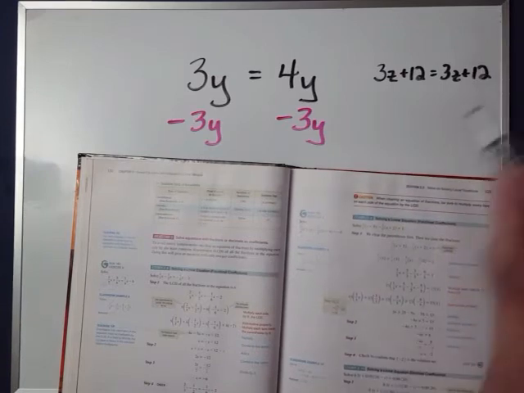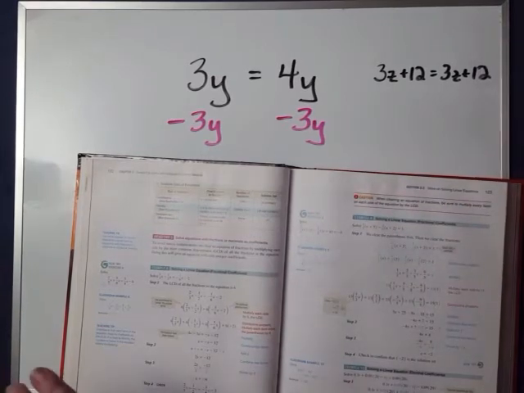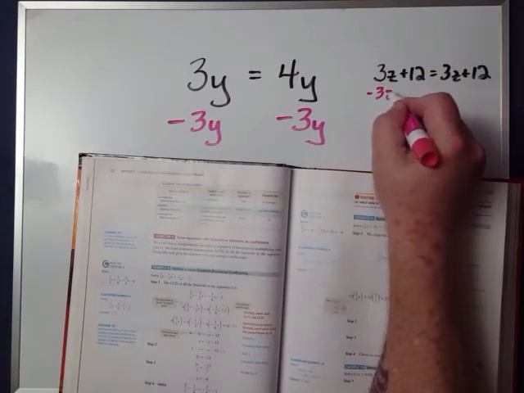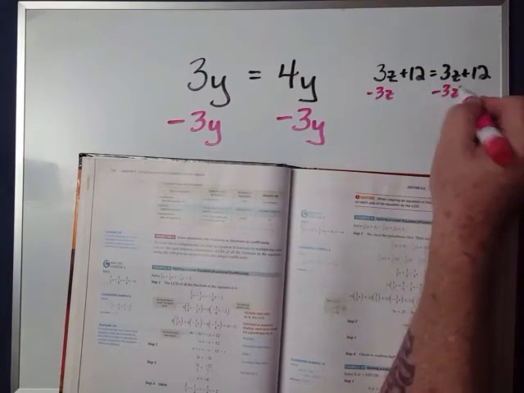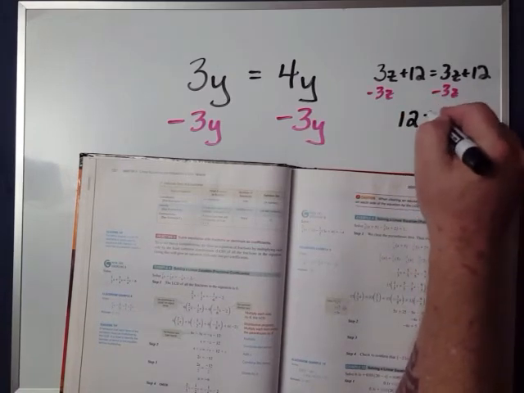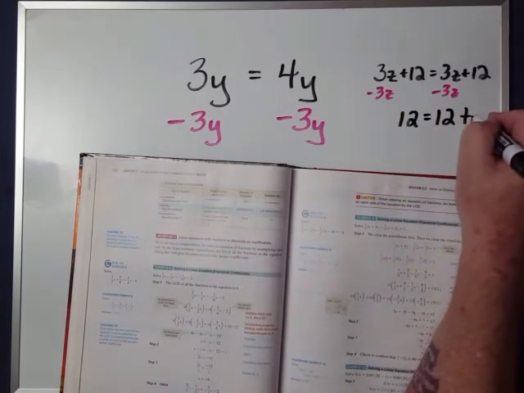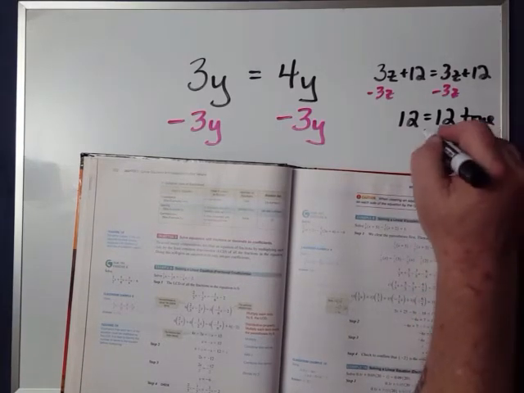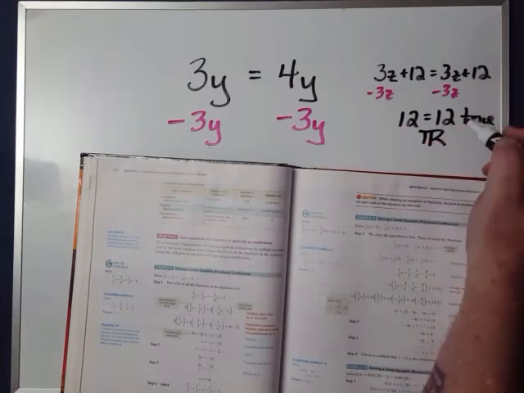If it makes you feel better, then just always eliminate the variable before you say true or false. We could have subtracted 3z from both sides, gotten down to 12 equals 12, and that is definitely true, regardless of the value of the variable. Now say that your solution is all real numbers.